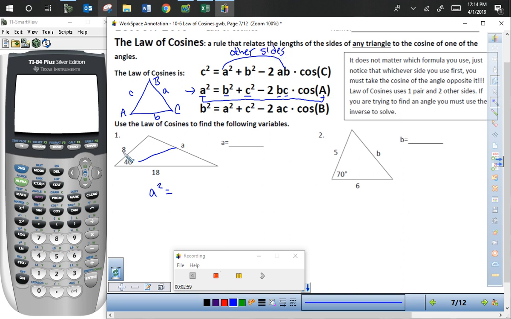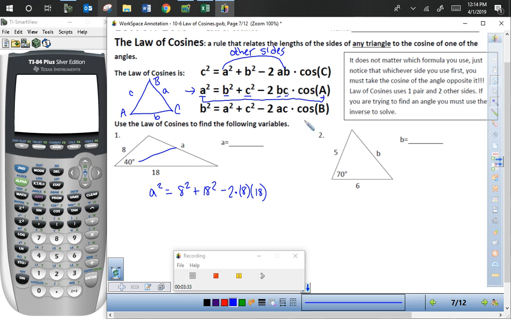I usually start with the smaller one, but it doesn't matter what order you put them in. Our first side is 8, then we're squaring it. Then we say plus, using a different letter, so now 18 squared. Then it says minus 2 times, and you'll notice B and C are used again. So the two numbers we used over here, 18 and 8, are going to be used on this side as well. Once again, order doesn't matter on those. We're just plugging them in.